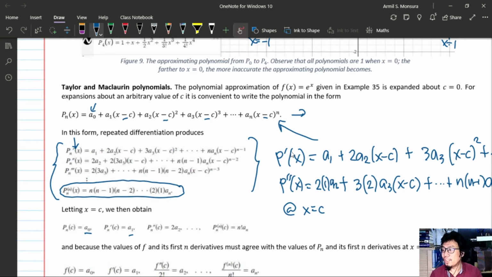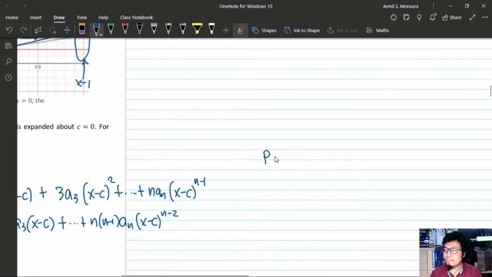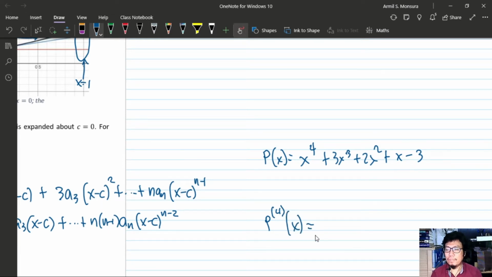Say for example, you have a polynomial of the fourth degree, x to the fourth plus 3x cubed plus 2x squared plus x minus 3. If you take the fourth derivative of this, that simply is a constant already.